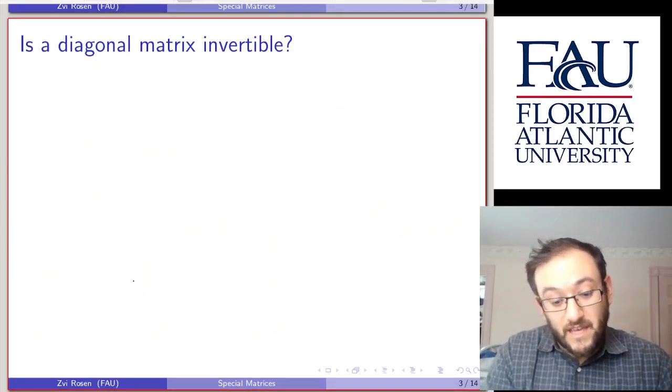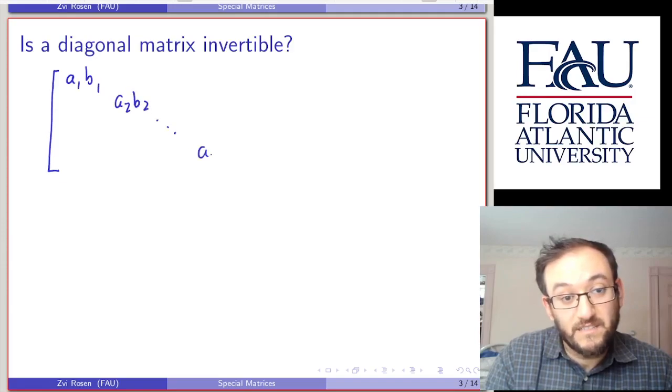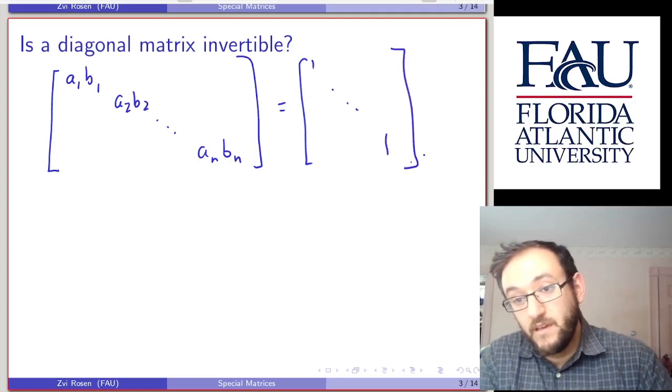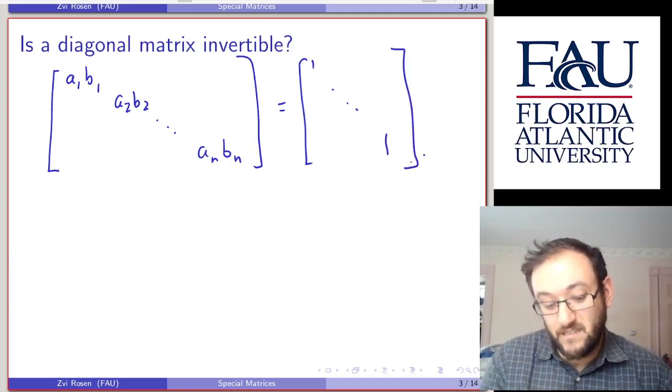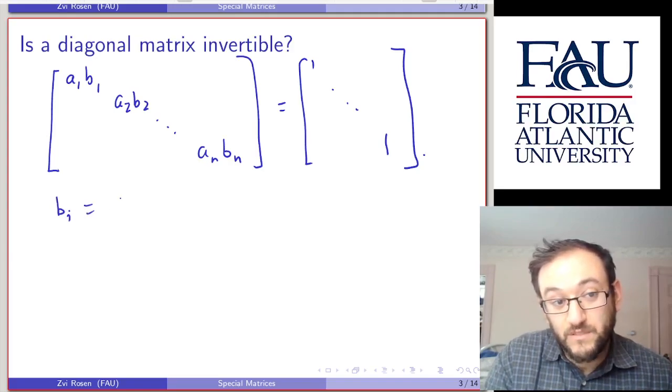They're going to look like a_1 b_1, a_2 b_2, etc., down to a_n b_n, equal to 1 down to 1. So the product of these two diagonal matrices will be the identity matrix if we set b_i to be equal to 1 over a_i.